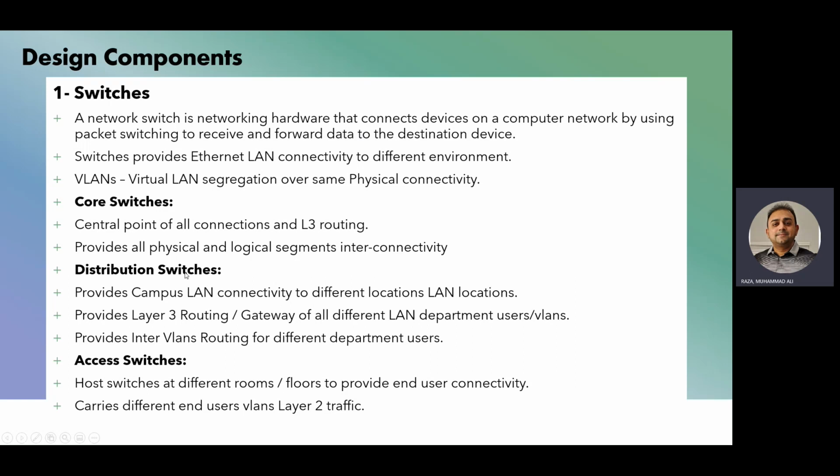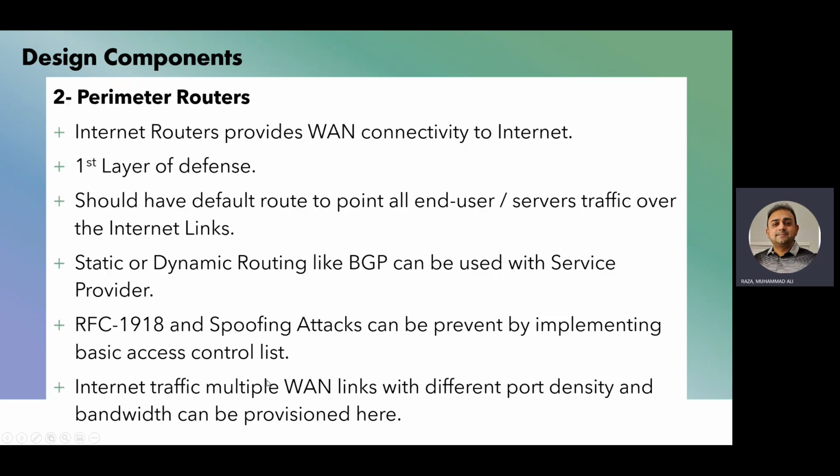For distribution switches, all of the different end user connectivity, either via wired or wireless, is going to be aggregated to the distribution switches, since we will be having different departments which need to be segregated via different VLANs. And physically, for the access switches, since we will be having different floors and different locations where we need to provide host connectivity, that needs to be provisioned by the access switch.